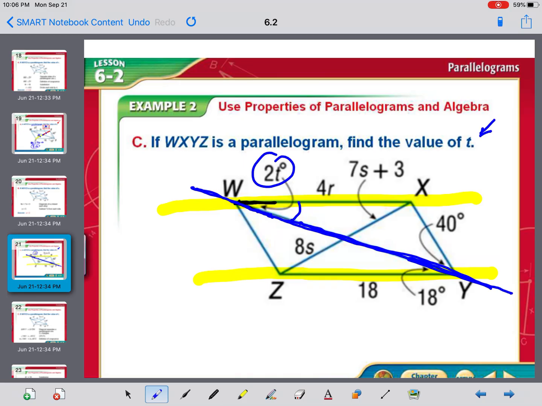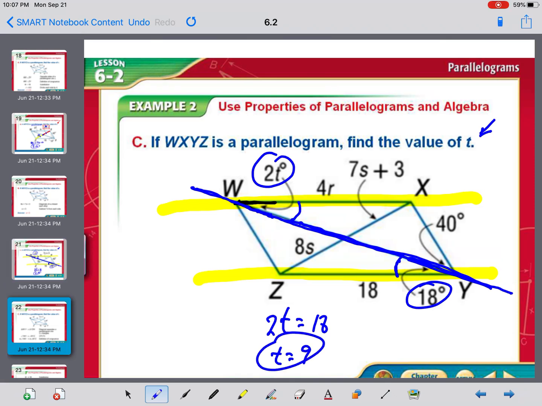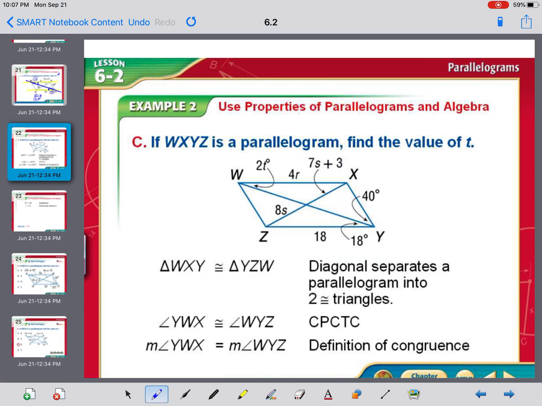We would call it a transversal, but that means this alternate interior angle is congruent to this alternate interior angle. So the 2T is equal to 18. T equals 9. That's the answer.